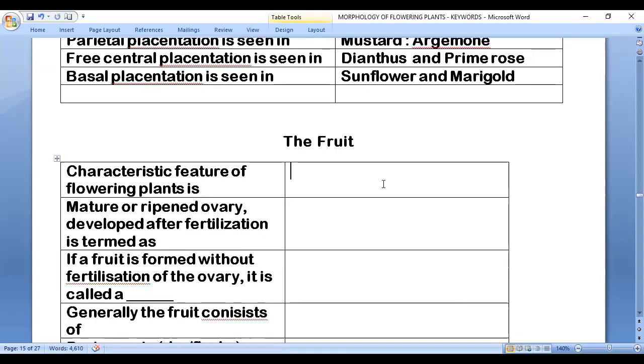Fruit. The characteristic feature of flowering plants is the fruit. The mature or ripened ovary developed after fertilization is termed a fruit. If a fruit is formed without fertilization of the ovary, it is called a parthenocarpic fruit.